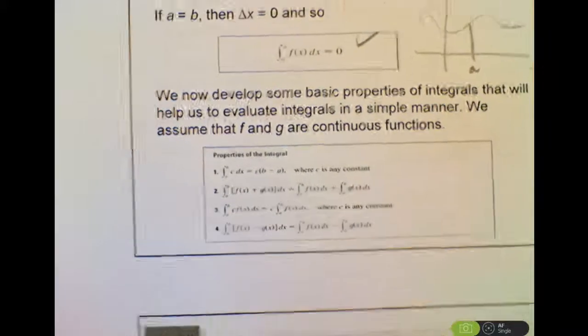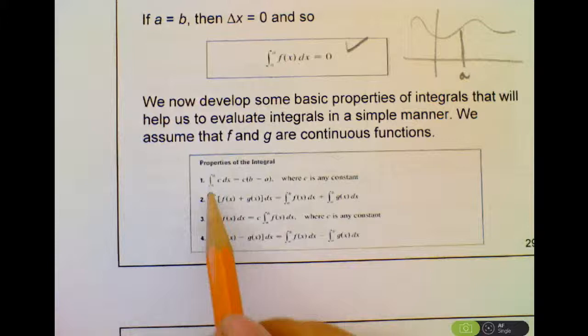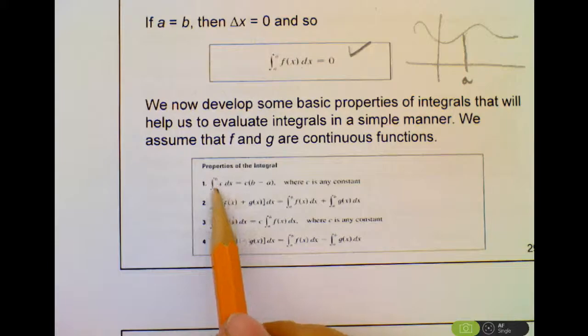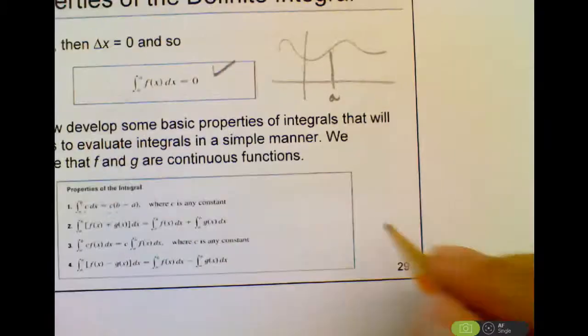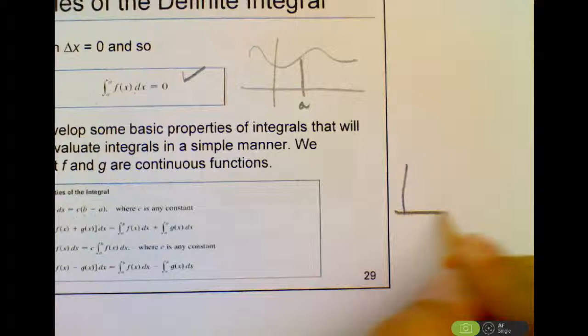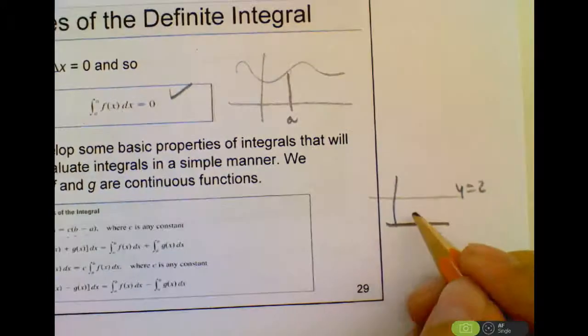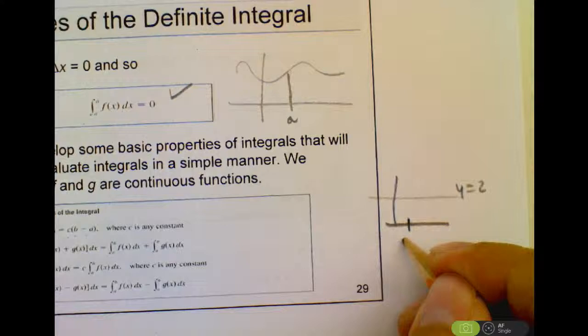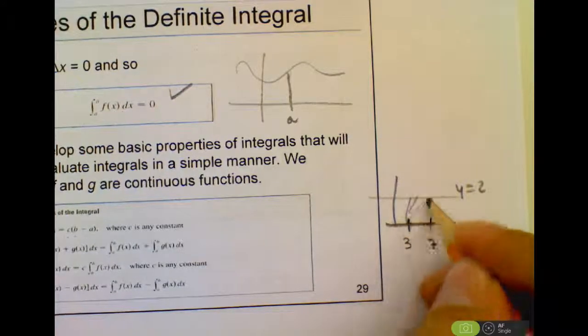Now let's read some properties that are going to be very similar to the ones for derivatives. If I'm integrating a constant between two numbers, then it's just the difference of the numbers times that constant. For example, if I have a graph, y equals 2, and I'm integrating between 3 and 7, what would be this area?